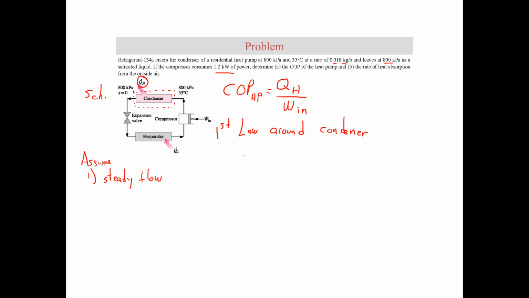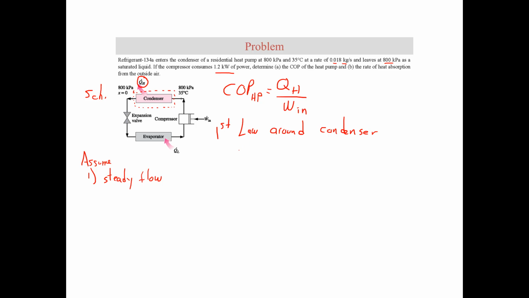I get that this is a steady flow problem, so I'm not going to go through every single step that I used to do in chapter 5. I'm going to jump ahead a little bit, but I'll explain. E in minus E out equals delta E system for our first law. Delta E system is 0 since this is a steady flow problem. So I'm left with energy in by heat, mass, and work equals energy out by heat, mass, and work.